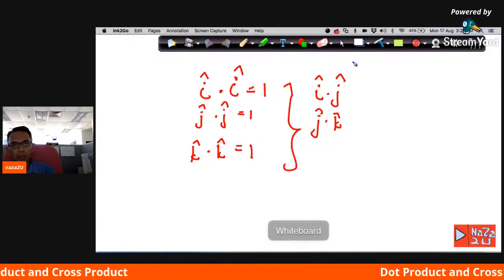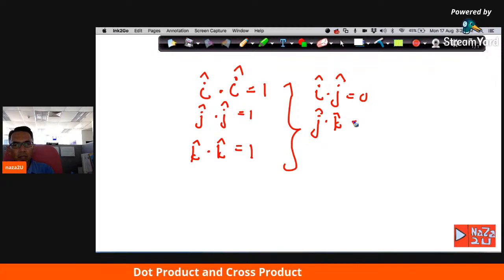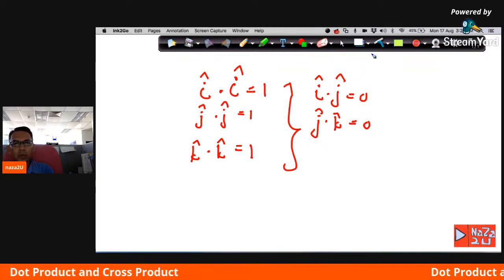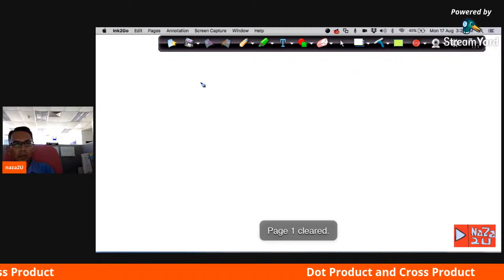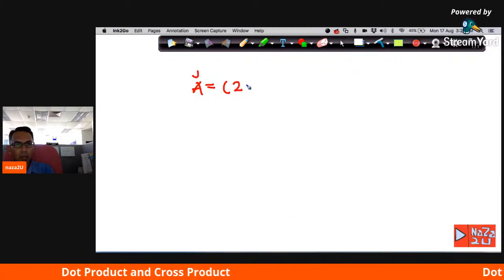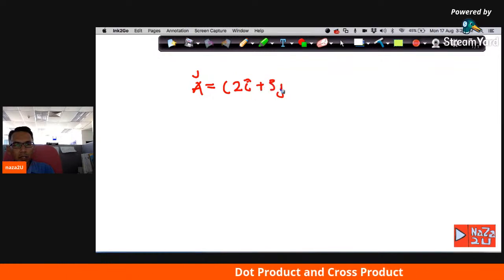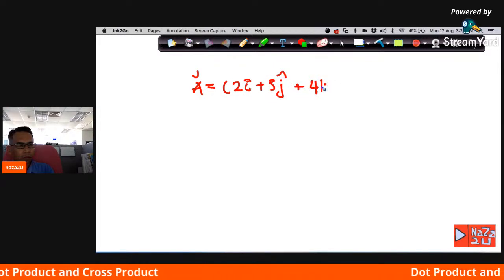So meaning here, i dot j is equal to 0, j dot k is equal to 0. So for example, let's say you have vector A, let's say 2i plus 3j and plus 4k, right?